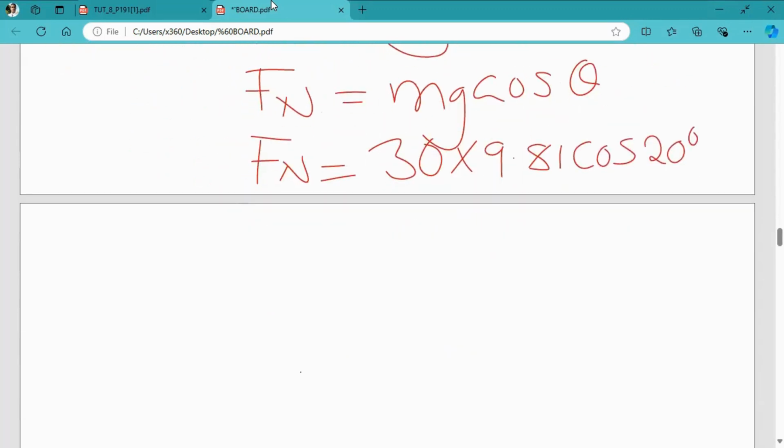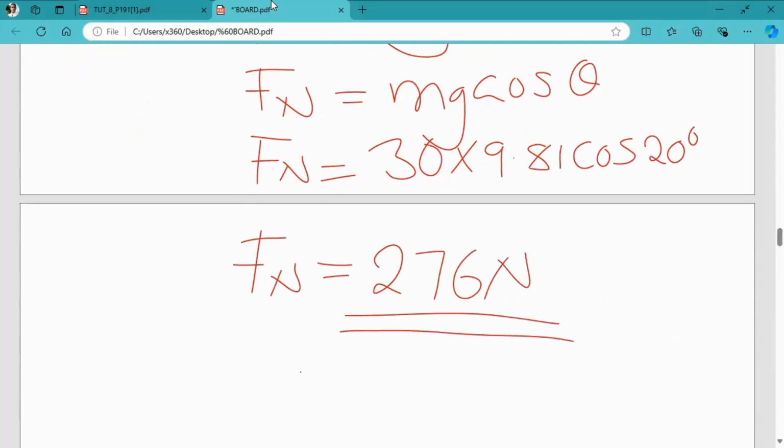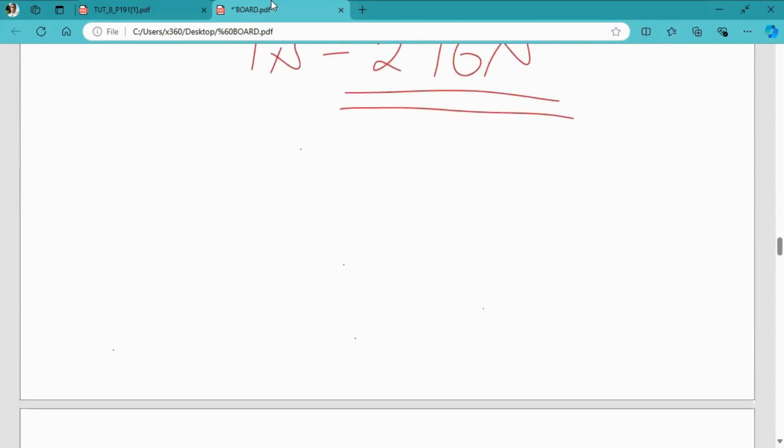Okay, so that is the normal force that is acting on this object. And this will be equal to what? Fn, which is the normal force, when I multiply my 30 multiplied by 9.81 multiplied by cos 20, I'm getting a value of 276 newtons as my normal force. Okay, so that is question B, that is our normal force.